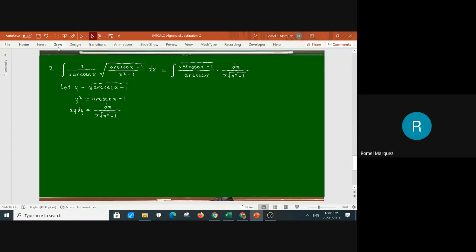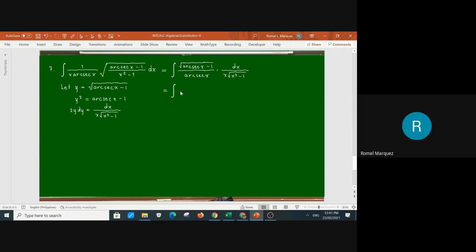So let's proceed expressing the given integral in terms of y. I have to copy this integral sign. And here we go. Okay, guys, this part is y, no?